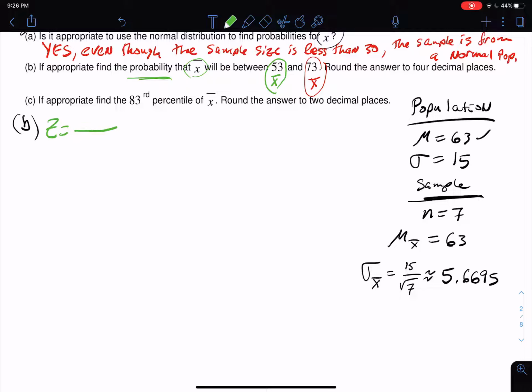The z-score is going to be the sample mean of 53 minus the mu, 63, divided by our standard deviation of a sample mean, which is 5.6695. This 53 minus 63 gives us approximately negative 1.76.